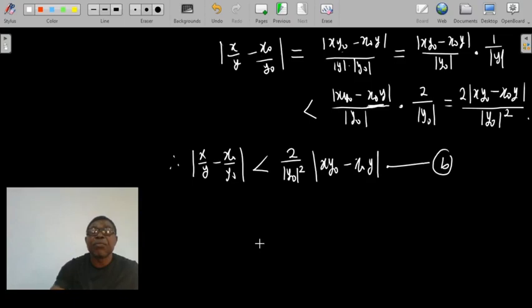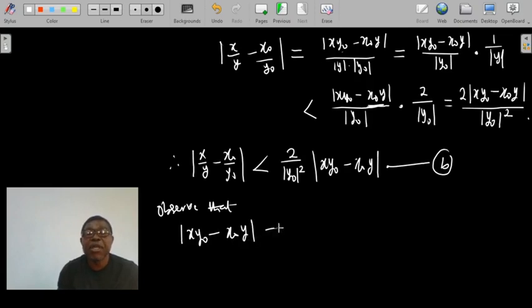Now, observe that absolute value of x y naught minus x naught y is equal to absolute value of x y naught minus x naught y naught plus x naught y naught minus x naught y.